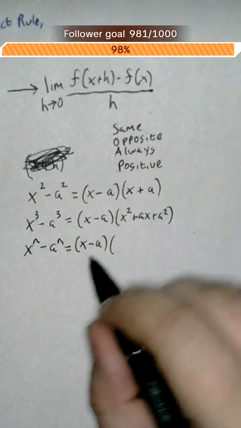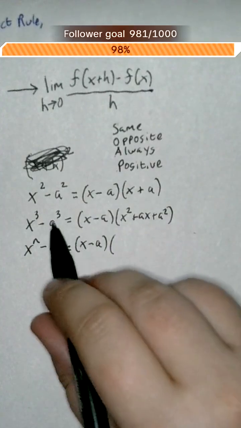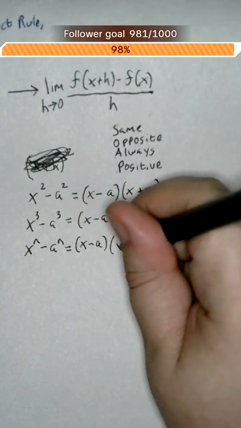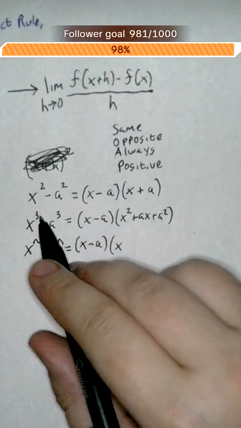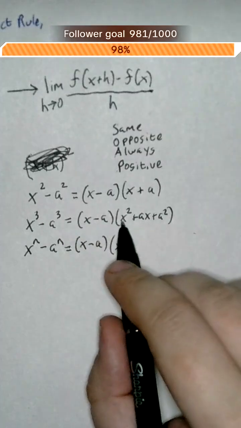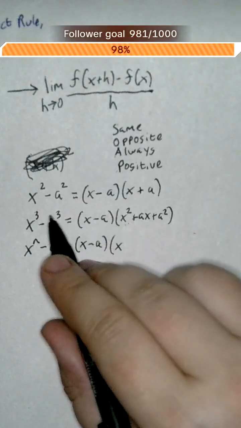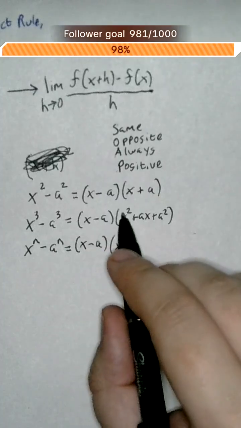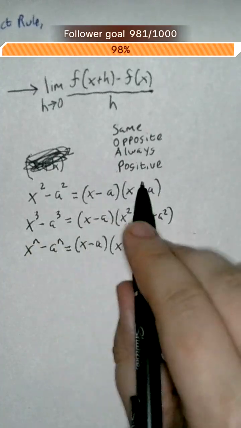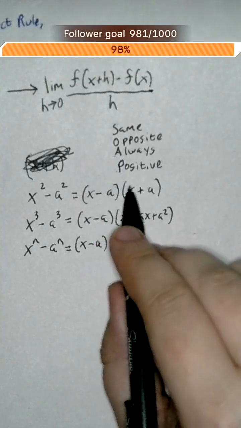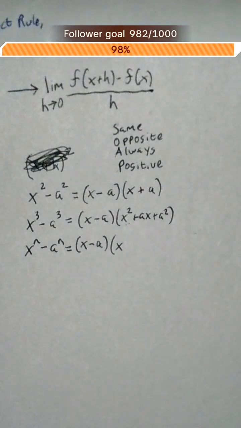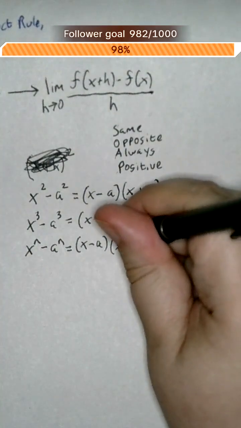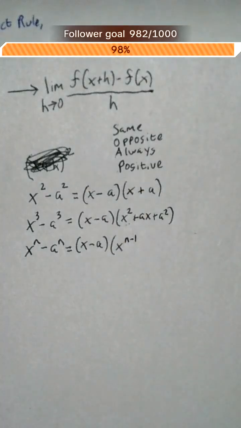So I'm going to take my first term, my x, and I'm going to subtract 1 from the exponent. So here, like here, when I have difference of cubes, my x term over here is I subtract 1 from the exponent. And I do the same thing here, because remember, a variable without an exponent is the same as x to the first. So this is going to be x to the n minus 1.